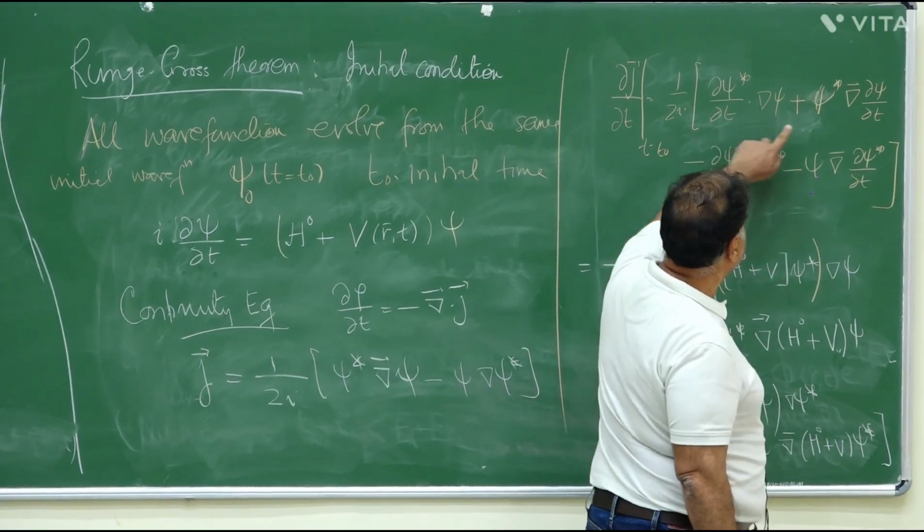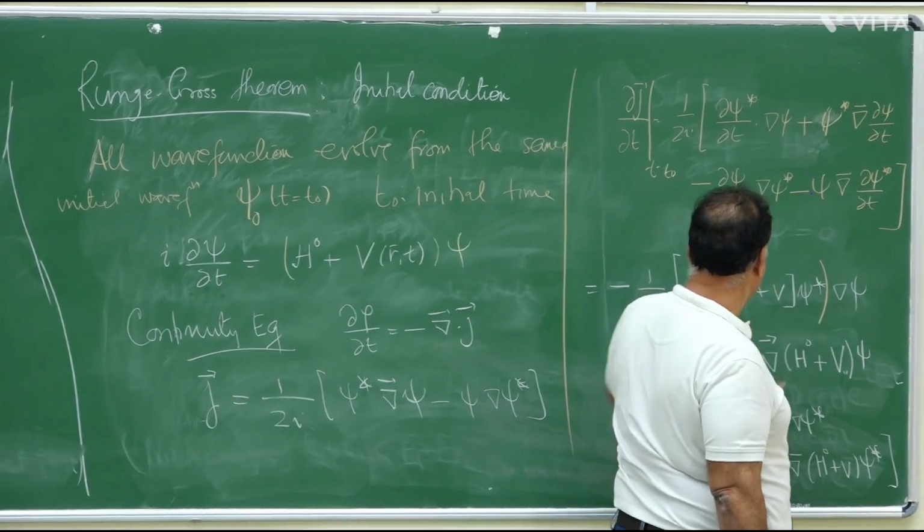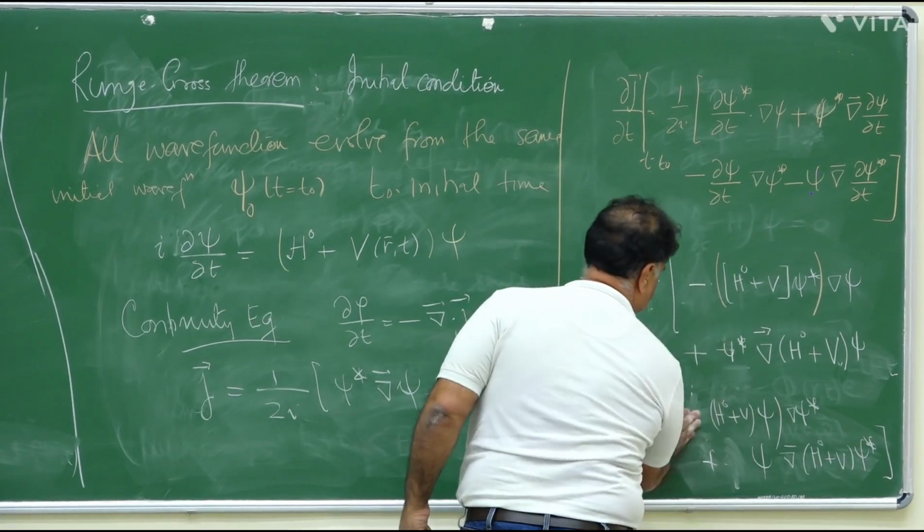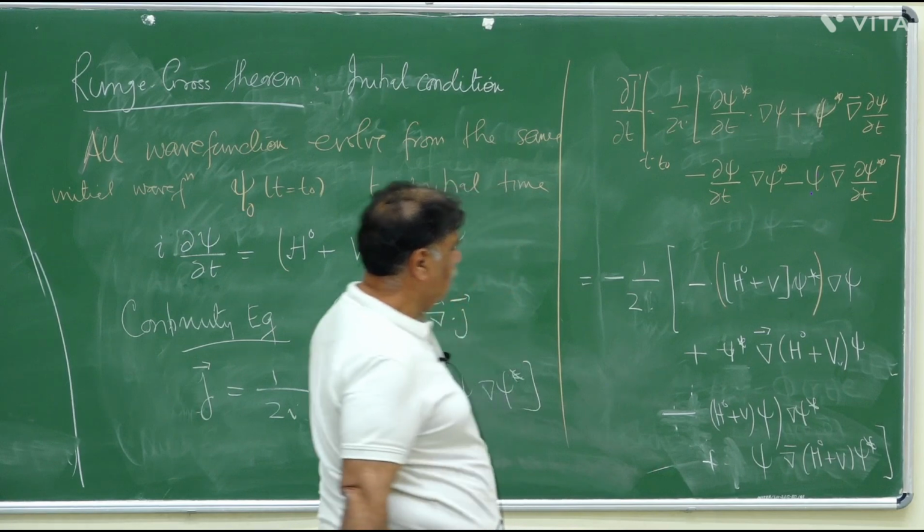Second would be positive, and third one will also be negative, because it's d psi by dt.